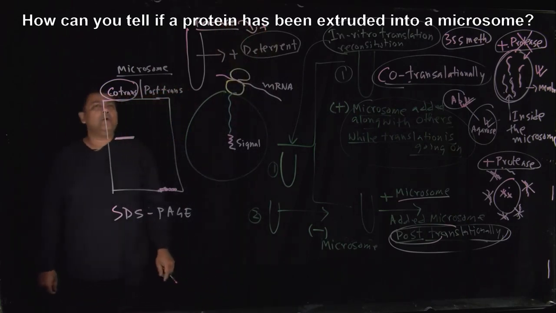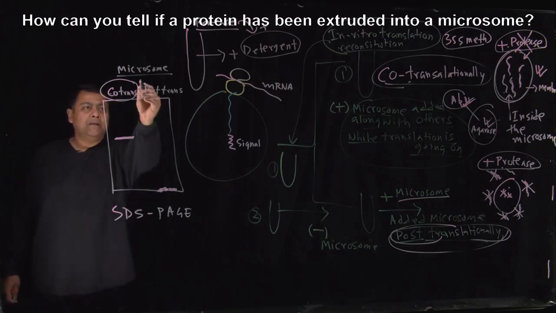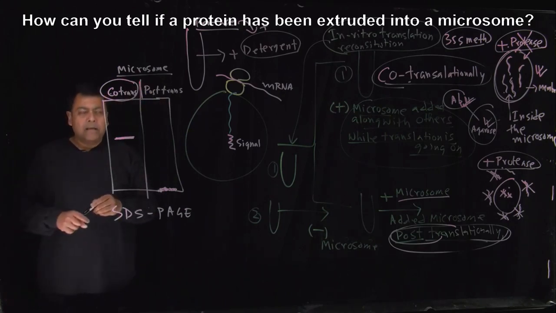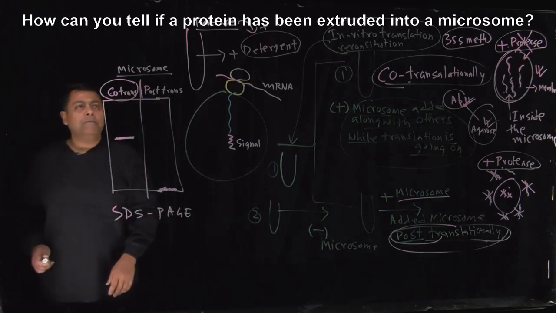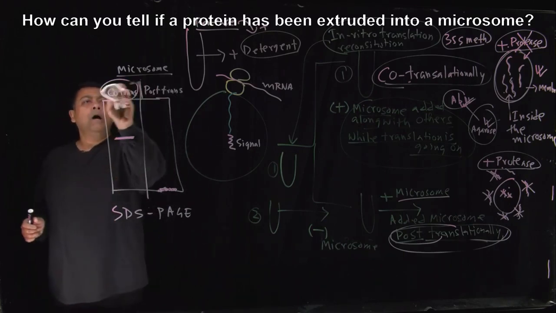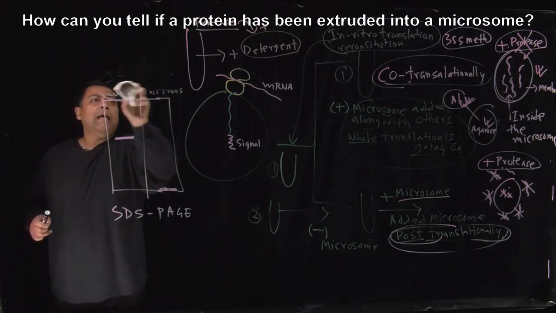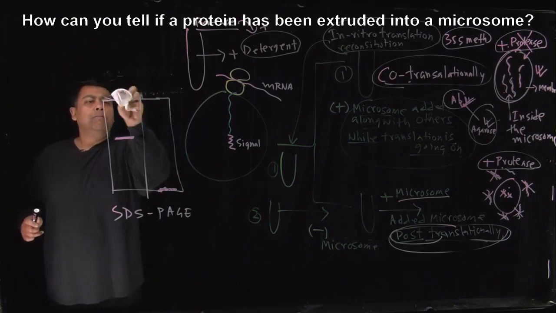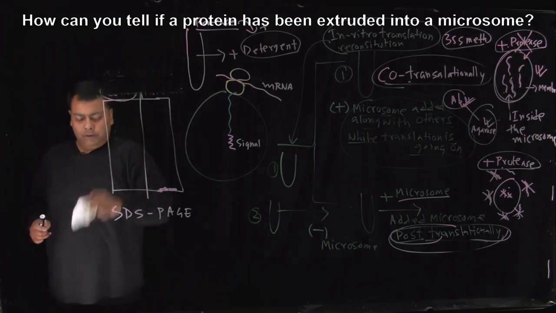So now when we run the gel back again, suppose this is just that single lane, essentially we will find that both are co-translational.